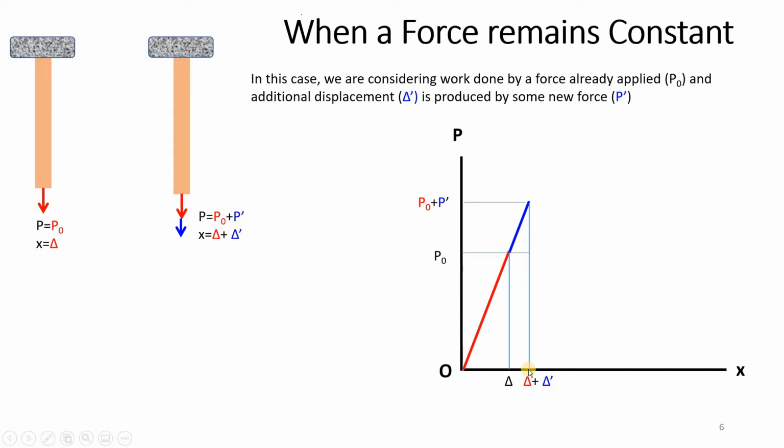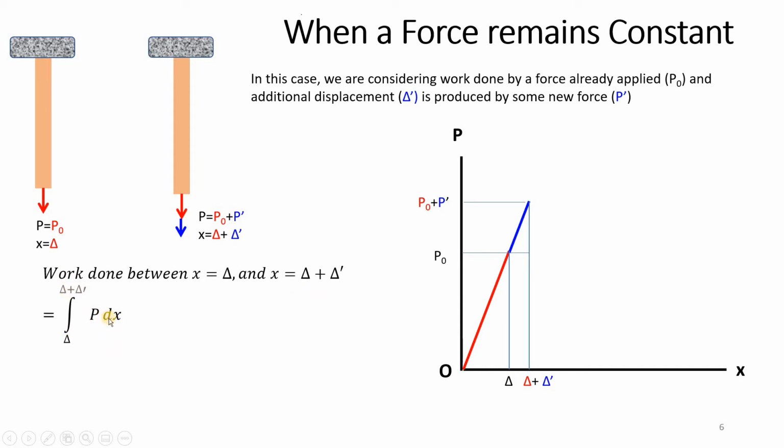Now we are considering work done when displacement goes from delta to its new value, delta plus delta prime. So work done between x equal to delta and x equal to delta plus delta prime would be naturally given by this integration.